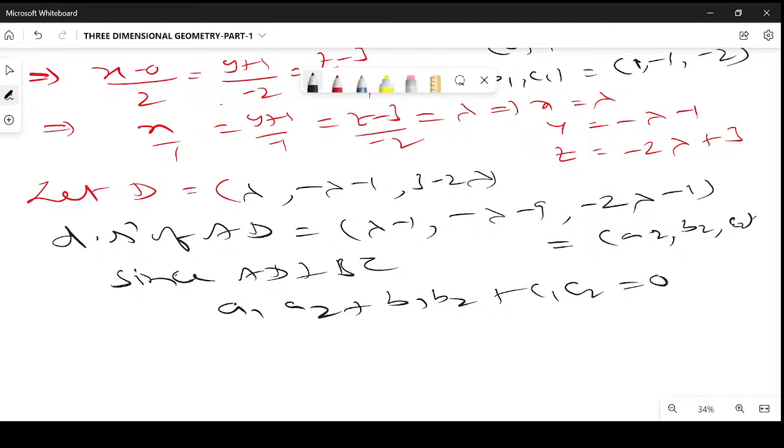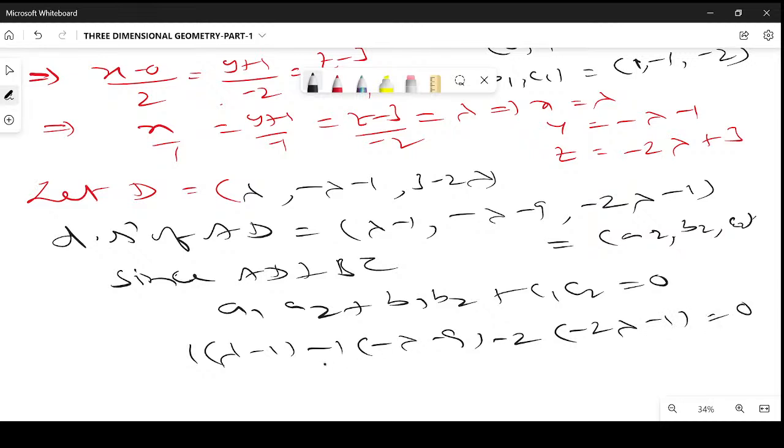If I use this condition, I can multiply now: lambda minus 1 into minus 1, plus 1 into lambda minus 1, plus minus 1 into minus lambda minus 9, then minus 2 into minus 2 lambda minus 1 equal to 0.